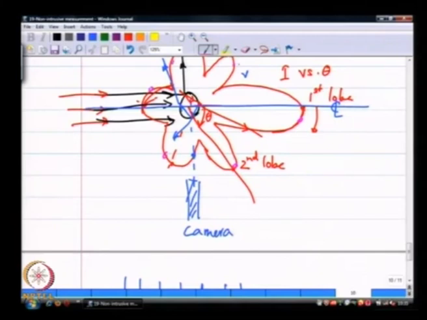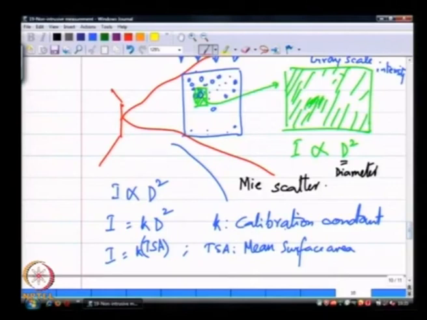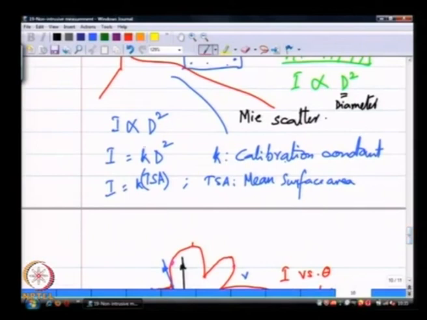So, the same size drop present in different corners of this image or in the middle of the image would appear brighter or dimmer. Okay. This is a challenge because this k, the calibration constant k, now becomes a function of the scatter angle alpha.